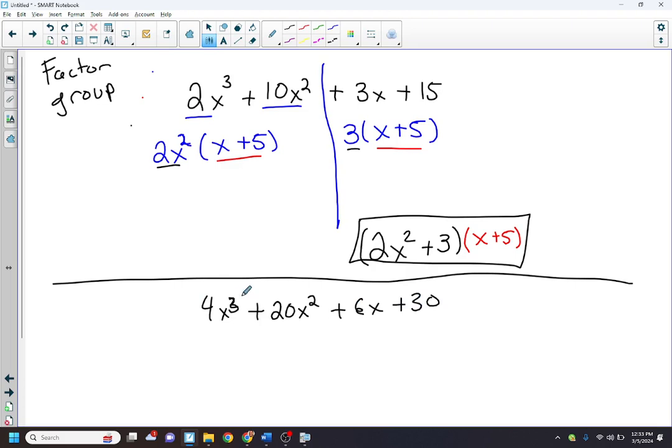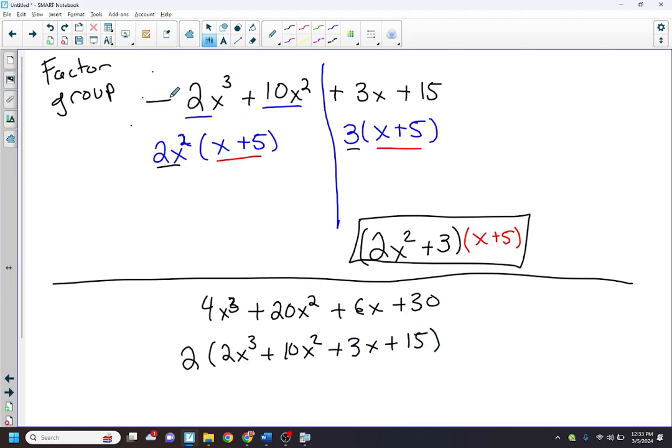Always look, even if it's a 4-termer, if you could take out the GCF. So in this case, all these could take a 2. So you take a 2 out first, 2x cubed plus 10x squared plus 3x plus 15.